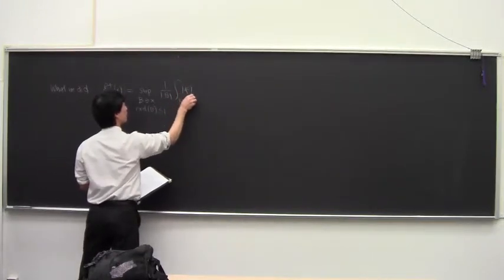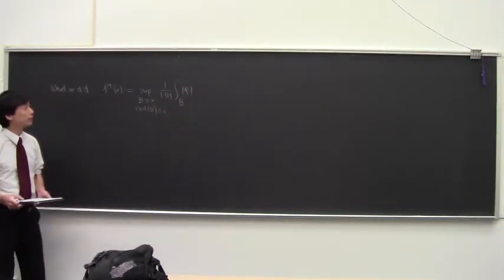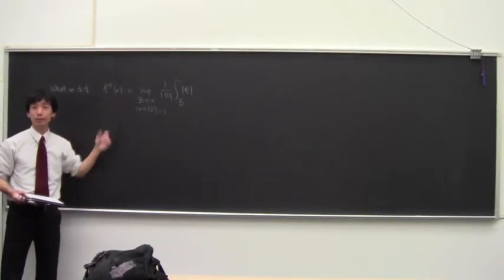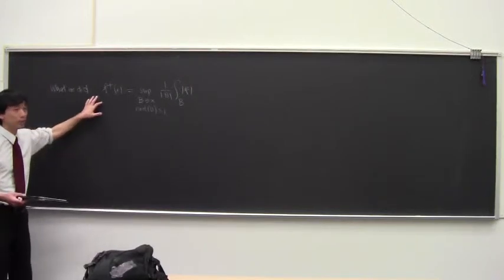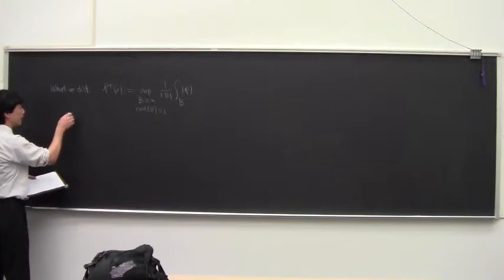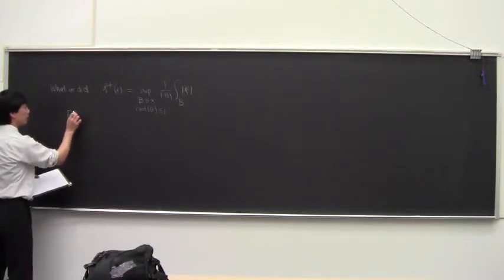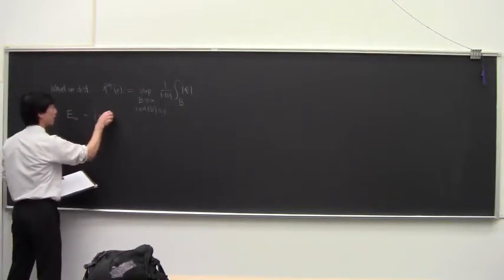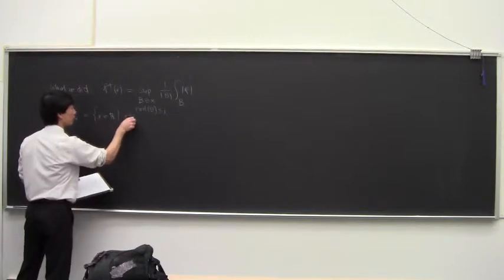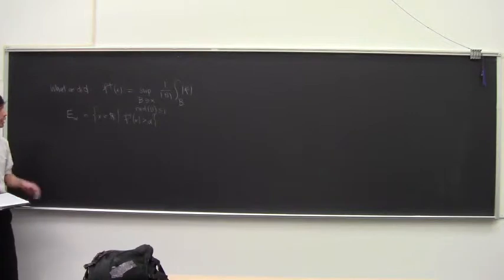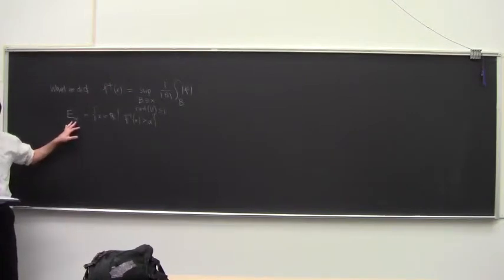And you took your average of the function over those balls, but only of balls with radius less than or equal to 1. Okay, so you get this truncated maximal function, and the point was that we did a Calderon-Zygmund decomposition on the sets E sub alpha, these sets where the truncated maximal function was large, right? Was greater than alpha.